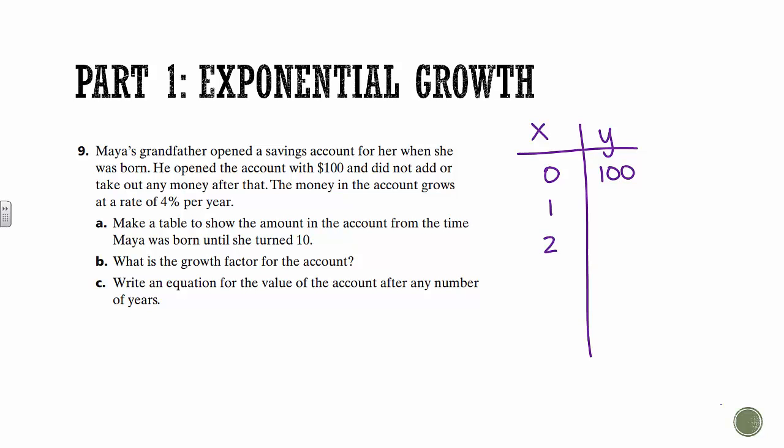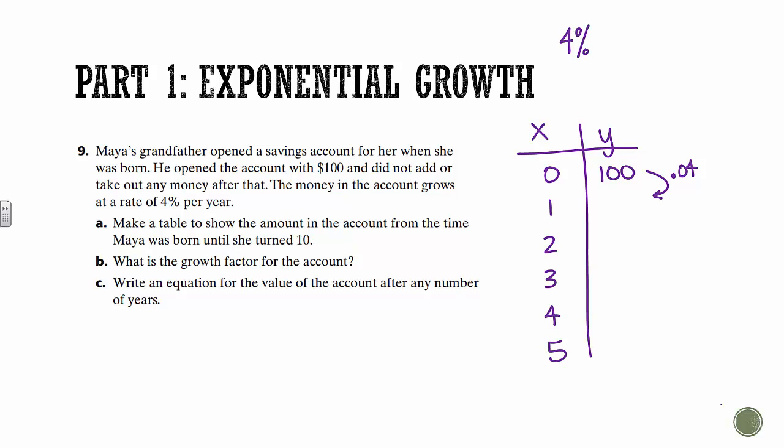Now the tricky part is here, for the next couple of years, it's growing at a rate of 4%. If you multiply 100 by 4%, you get 4. Our money didn't shrink, it grew by 4%. So what we have to remember is an exponential growth.